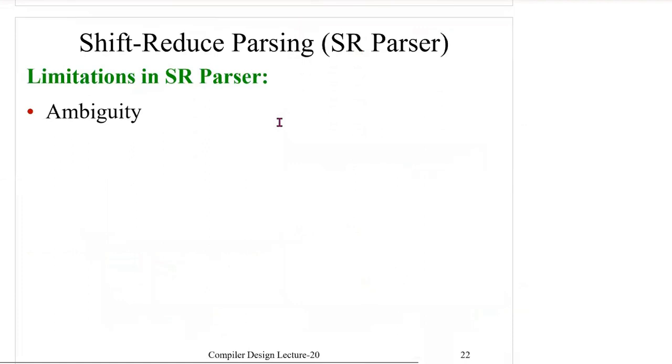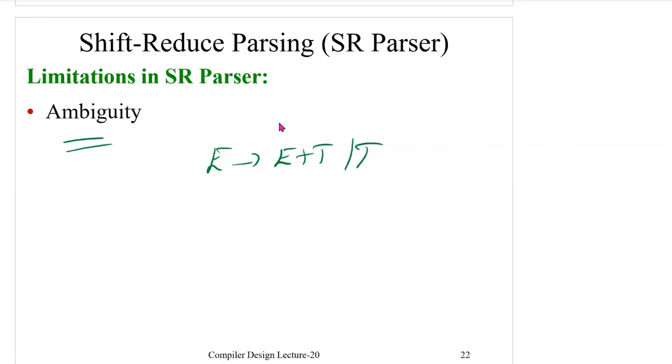Now there are some limitations in the shift reduce parser. One of the major drawbacks or limitations of the shift reduce parser is ambiguity. Previously, whatever grammar we considered, E derives E + T or T, has left recursion and is non-left-factored.